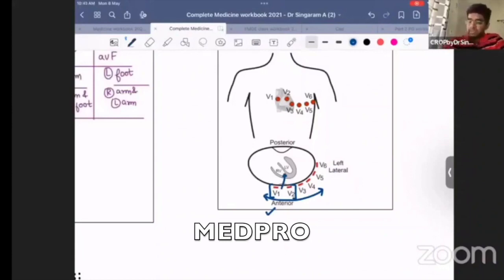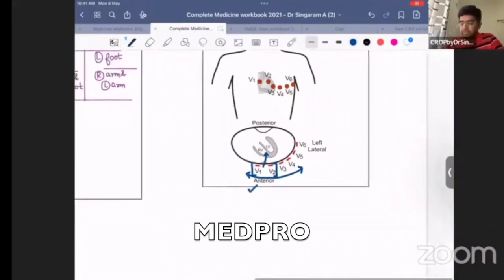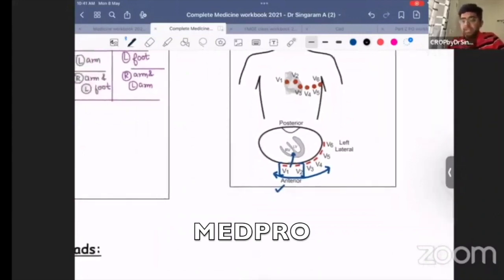So the common name for V1 to V4 is not just anterior leads, they're also called anteroseptal. That means they're looking at the anterior part of the heart as well as the septum. That is what we call anteroseptal leads, specifically V1 and V2 for the septum, but V1 to V4 generally anterior leads. That's what we have to remember.